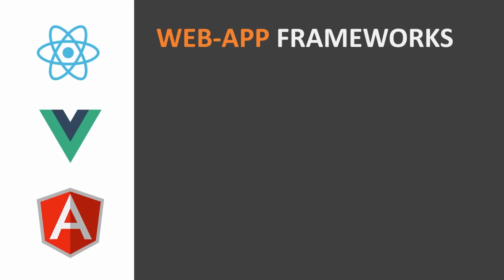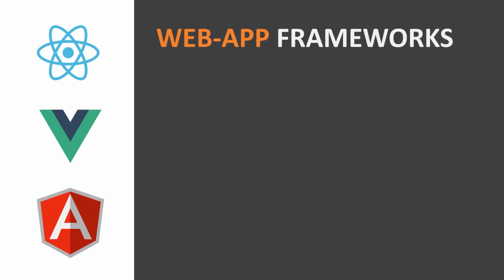It can be changed dynamically or statically. But a web app means something like Facebook or Twitter. These are called web apps. Gmail is also a web app. These web apps change dynamically every minute, every second.